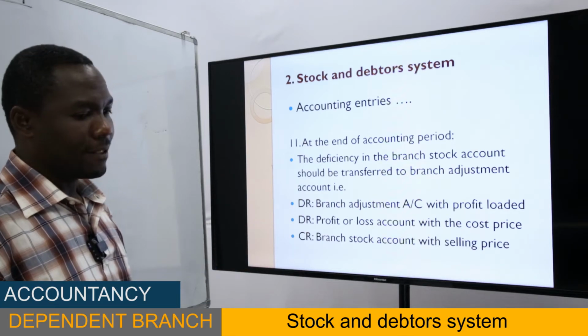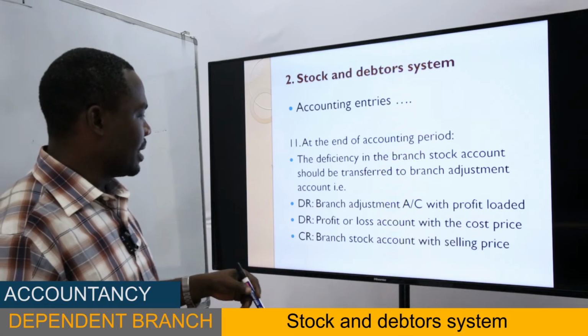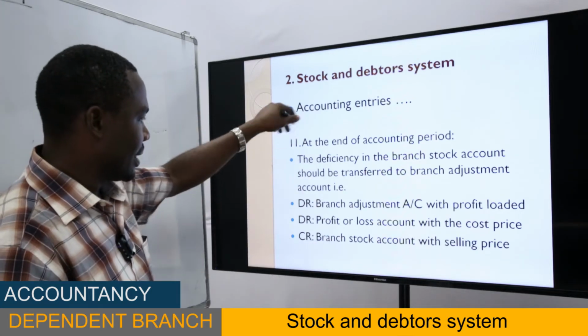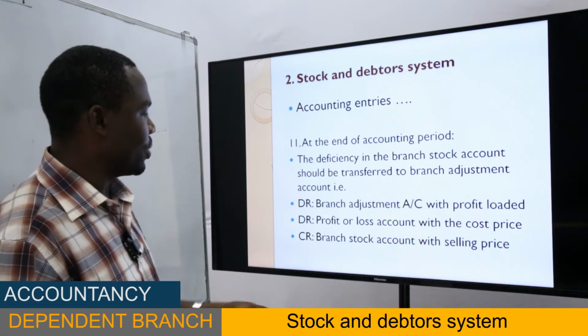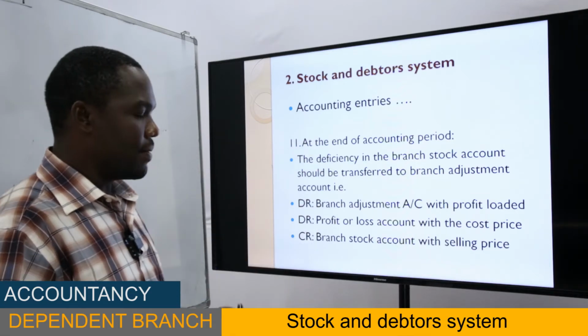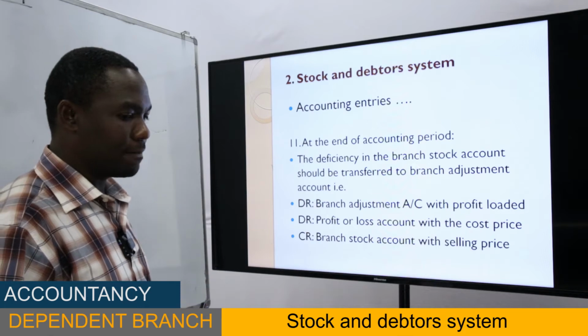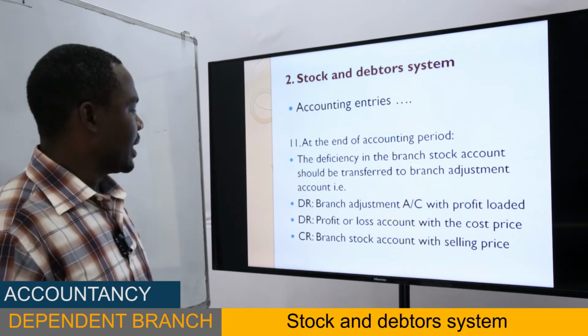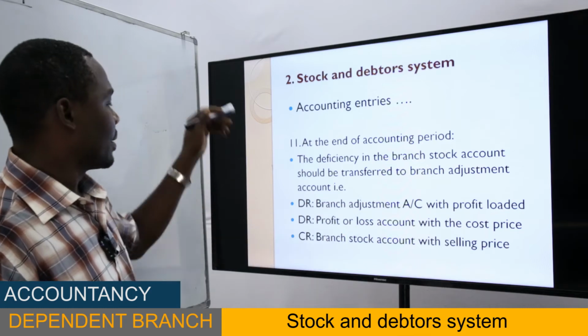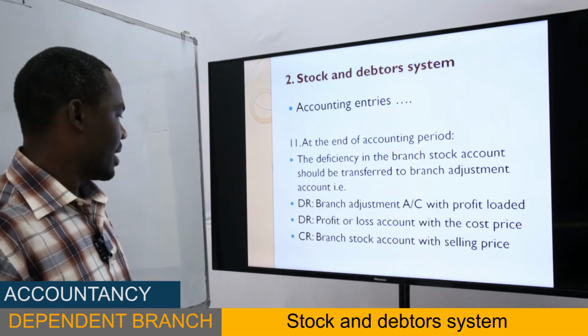with the profit loaded. But again, if there is no information given clearly that the deficiency was just a normal loss, then we need to give attention to these deficiencies.